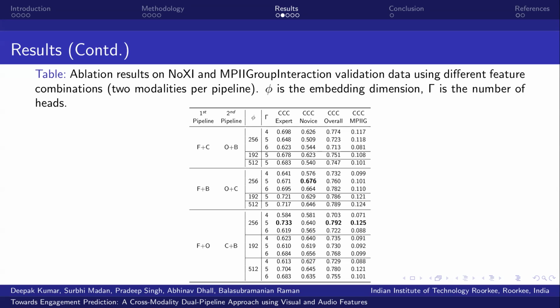The facial motion with OpenSmile combination captures emotion-specific facial and vocal features, while CLIP with BERT captures body patterns and spoken word context. MPIIGI group interaction dataset CCC performance is lower due to feature distribution mismatch with the NOXI dataset, because incorporating MPIIGI validation data during training improves performance.